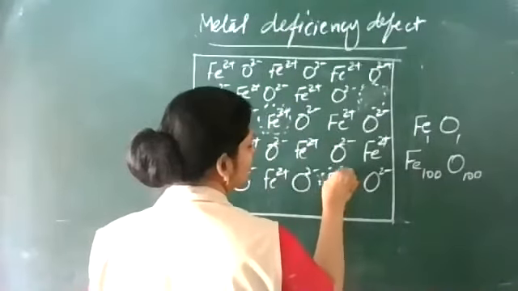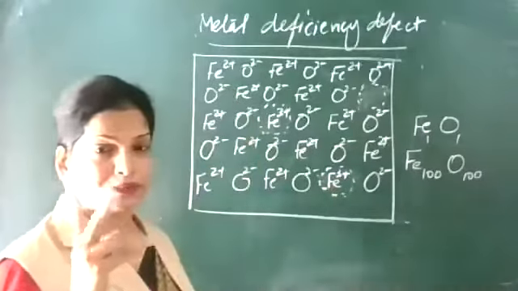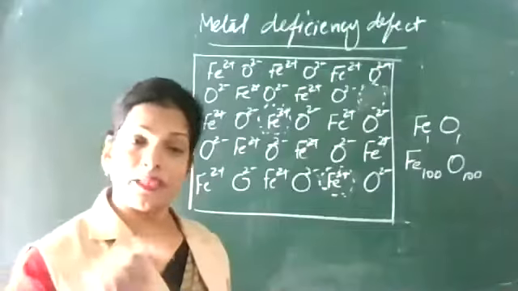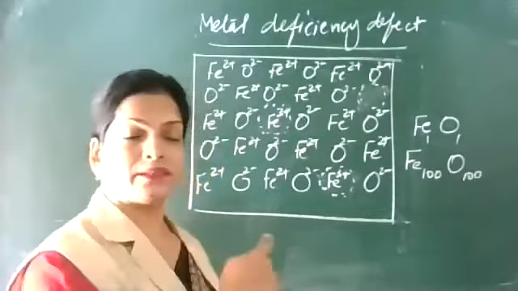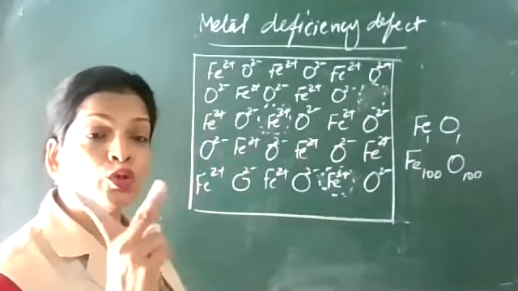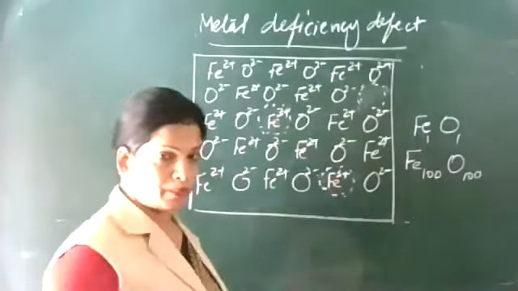So by giving Fe3+ and Fe3+, 2 Fe3+, that means altogether +6. I removed Fe2+, Fe2+, Fe2+. So altogether +6. That +6 is balanced by 2 Fe3+, Fe3+, Fe3+, +6.